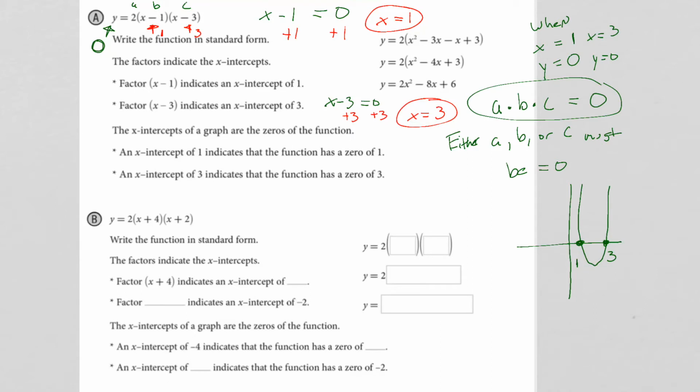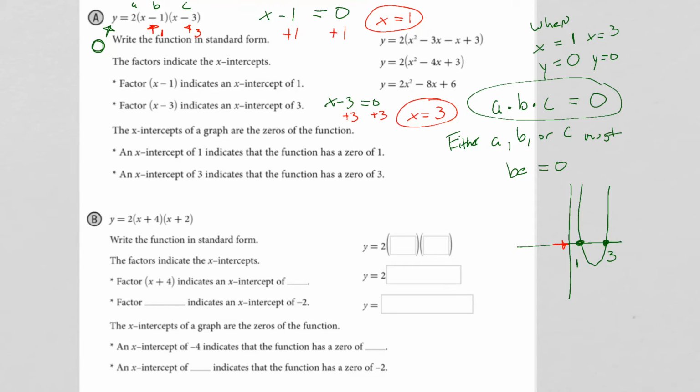By the simple principle that, if I'm multiplying things together and they equal 0, which is what I need y to equal to be an x-intercept, one of these things also has to be equal to 0. So I hope that makes some sense, and you're going to, of course, get a lot more practice in this as we work through this section. But let's take a look at this next example.